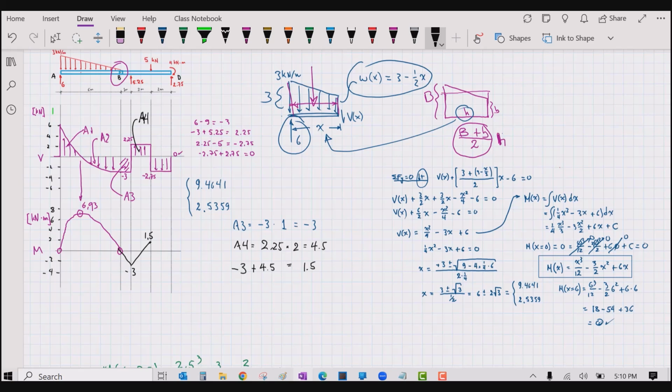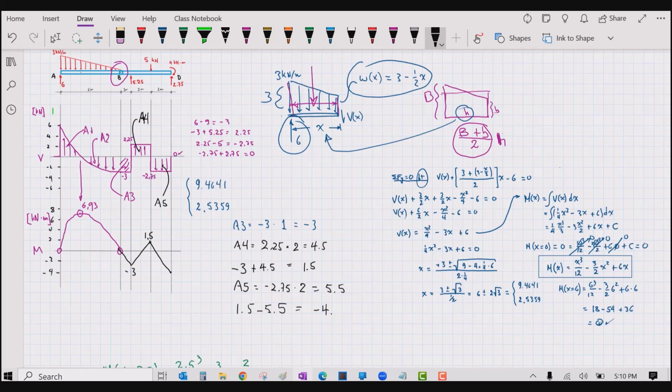And then we have to go with area 5. Area 5 is equal to minus 2.75 times 2, so 5.5. So we go from 1.5 minus 5.5 equals minus 4. So we go all the way down to minus 4 here.